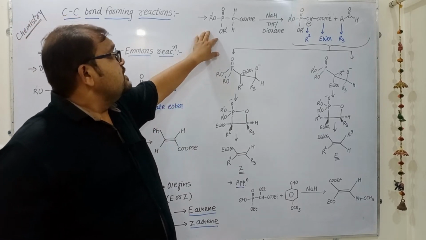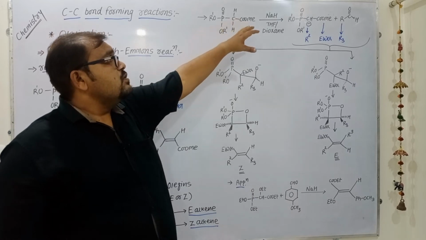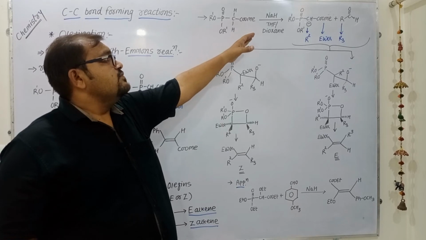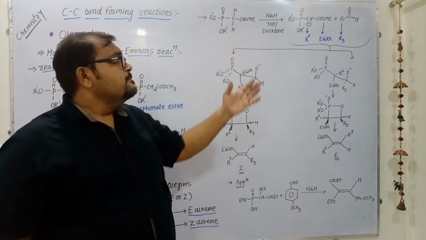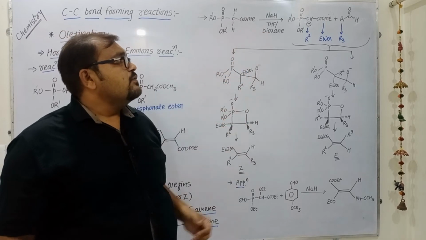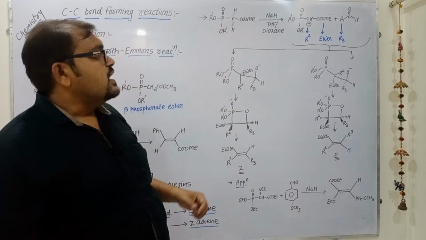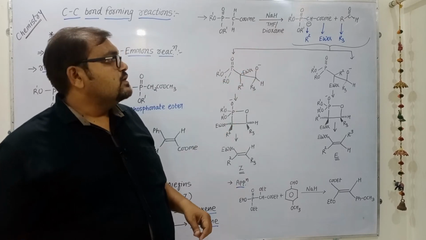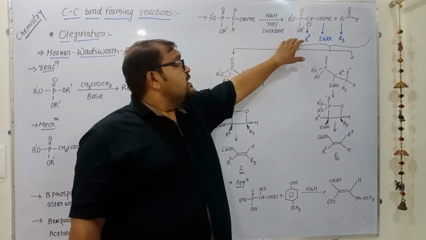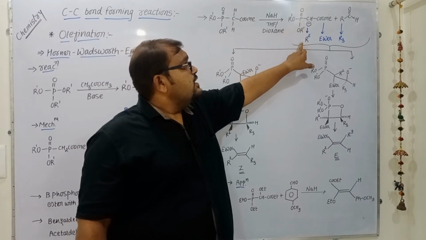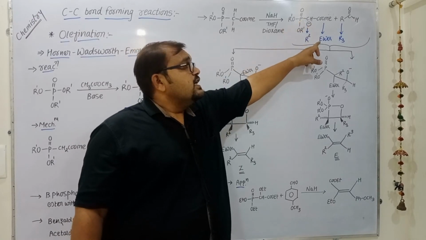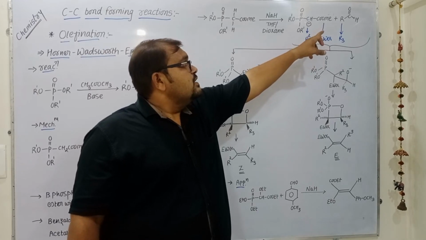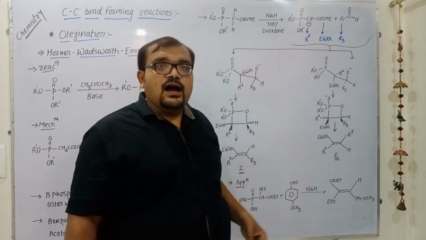So when this beta phosphonate ester reacts with strong base such as sodium hydride in either THF, tetrahydrofuran, or dioxane as a solvent, we will get such type of charged intermediate, right? When it reacts with aldehyde or any carbonyl compound, here friends we replace this carbon with R2, this group with EWG, that is electron withdrawing group, and such carbon of aldehyde as R3.